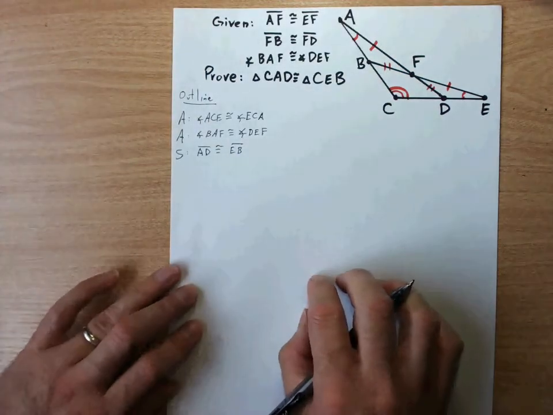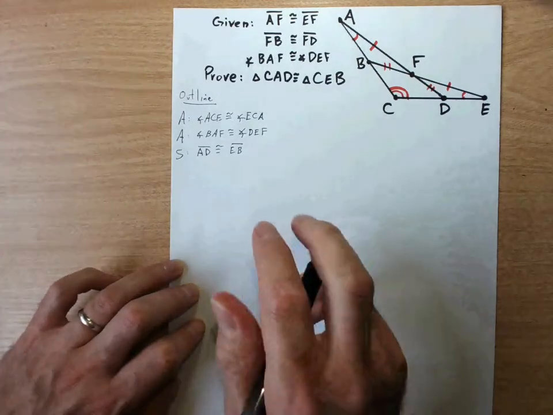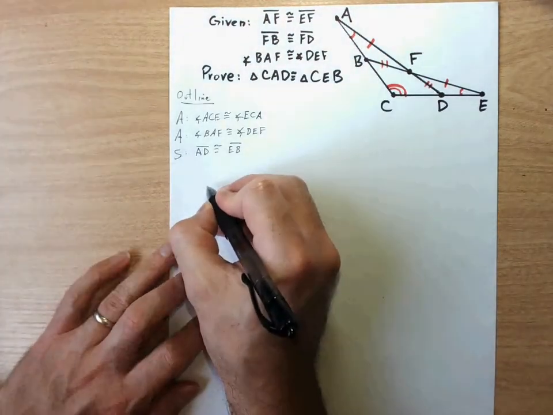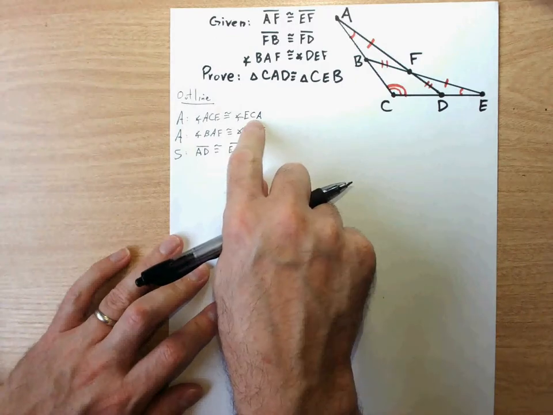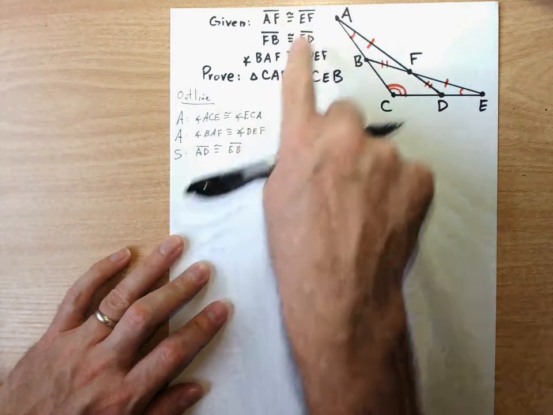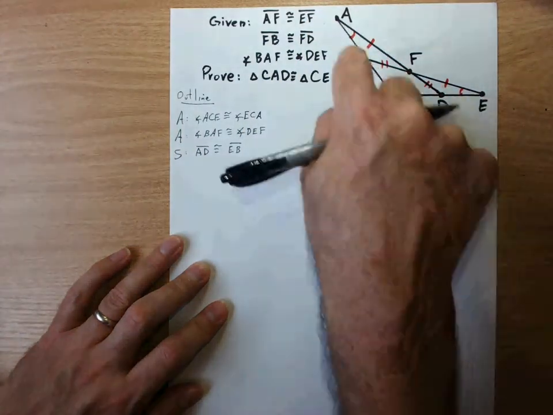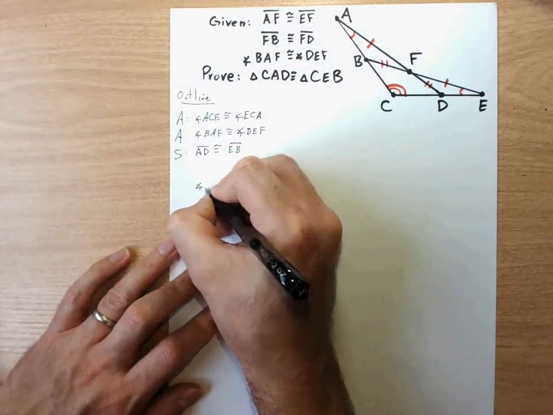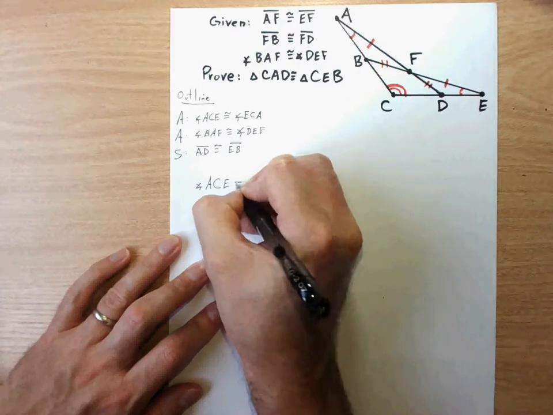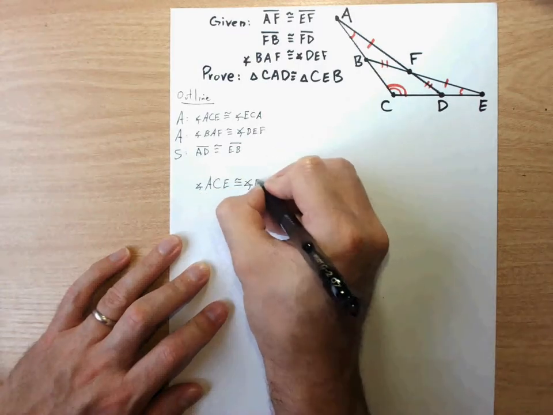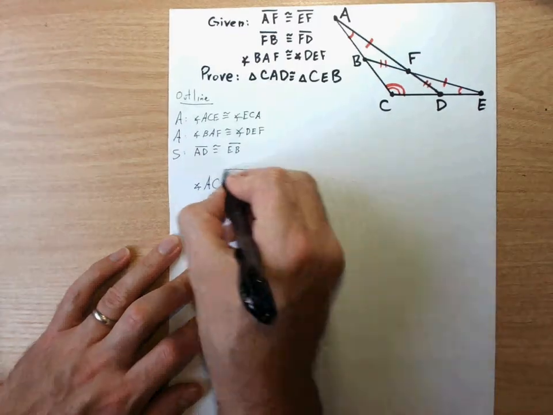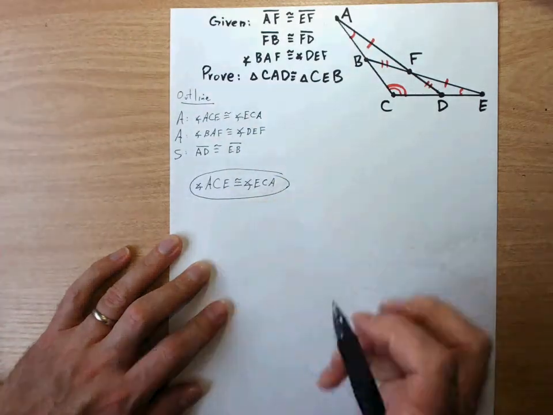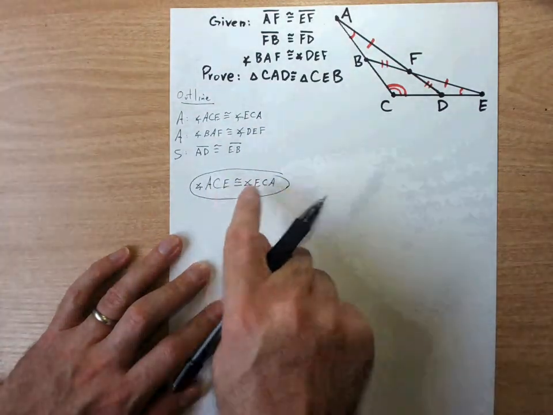All right. Now, let's figure out this proof. I'm going to say this first thing, right? Angle ACE is congruent with angle ECA. Do you know the reason for that, folks? You know what I'm going to write right there? It's congruent with itself.